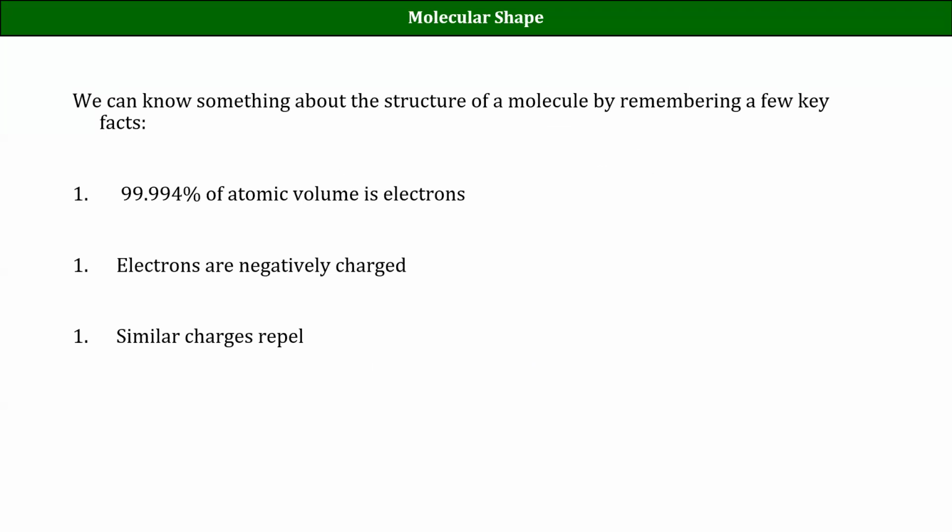And if you actually run the numbers on the volume of the atom compared to the volume of the nucleus, you'll find out that 99.994% or so of an atom's volume is made of electrons. Electrons are all negatively charged, and similar charges repel.